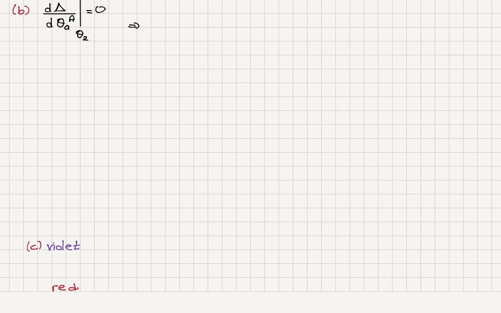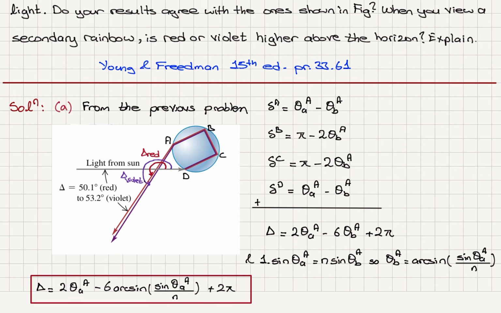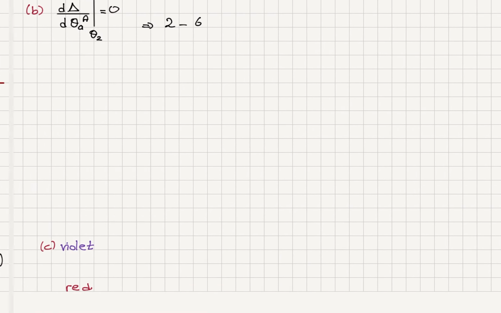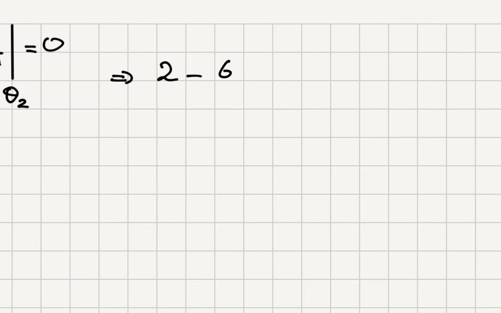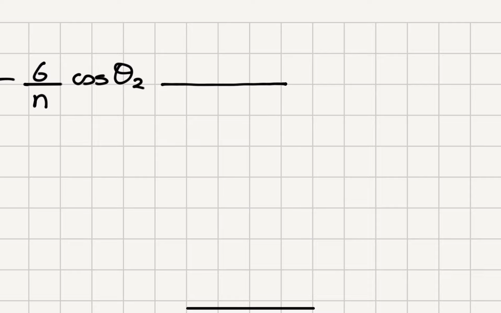So this is 2 minus 6 times the derivative of inside, 1 over n, and sine will turn into a cosine. So it's going to be 6 over n cosine of theta 2. The derivative of arc sine is 1 over square root of 1 minus u squared.